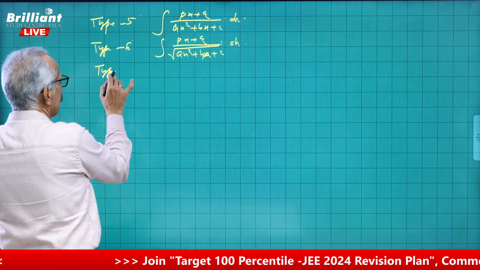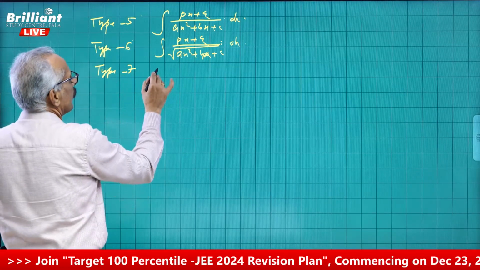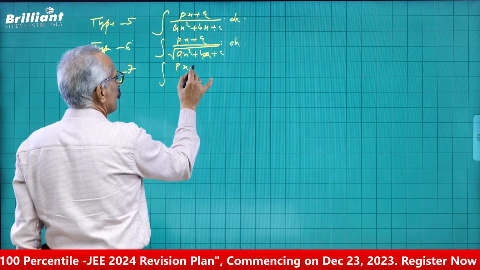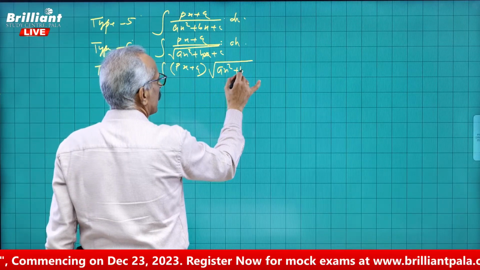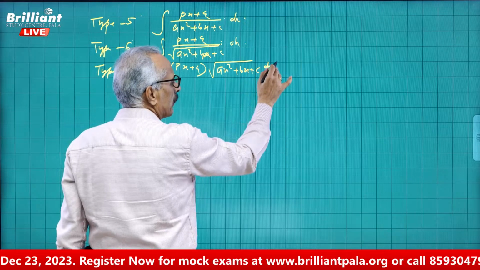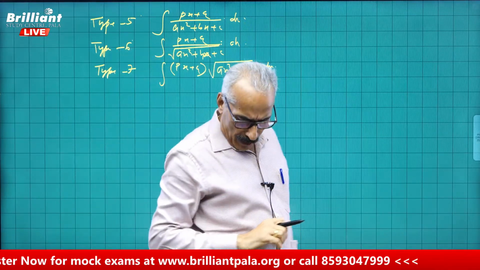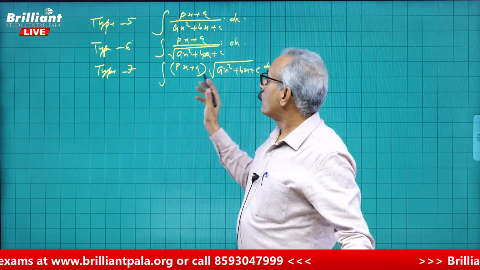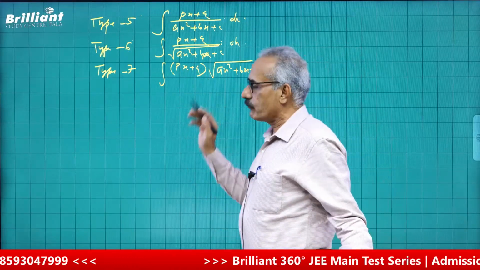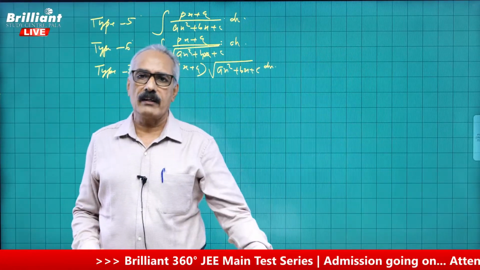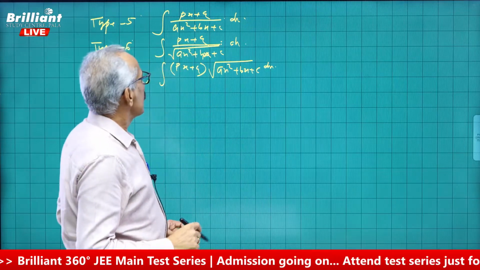Type 7, integral px plus q into square root of ax square plus bx plus c. One and the same method, and in all the types the formula will be different. So, type 5, type 6, type 7, the formula will be different. Ready?